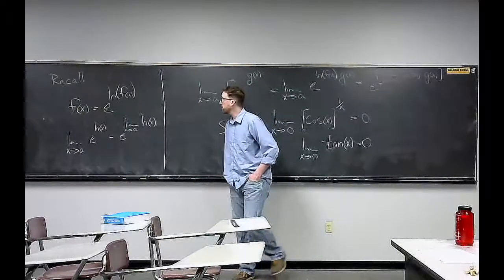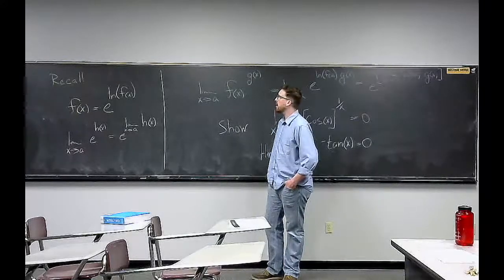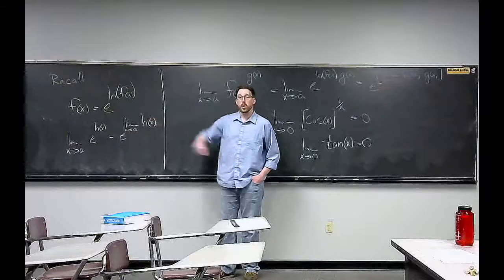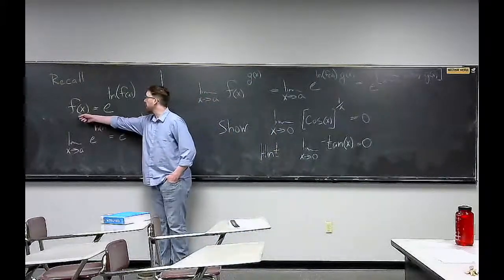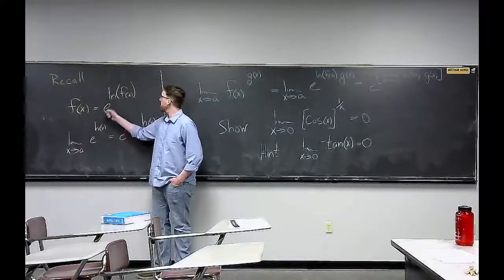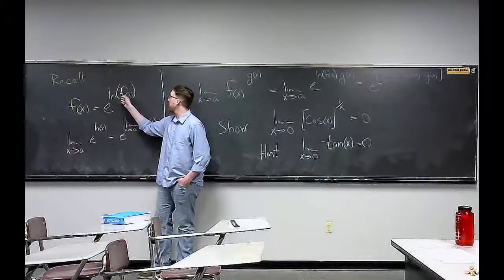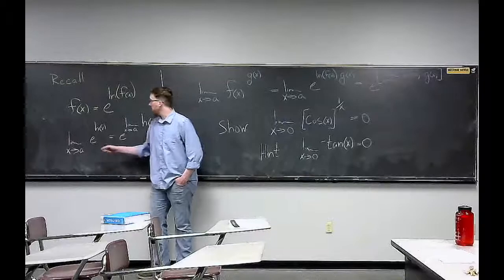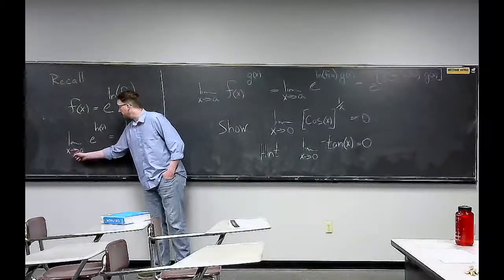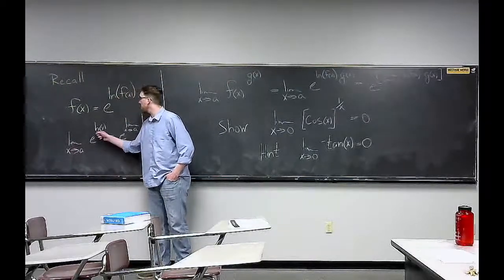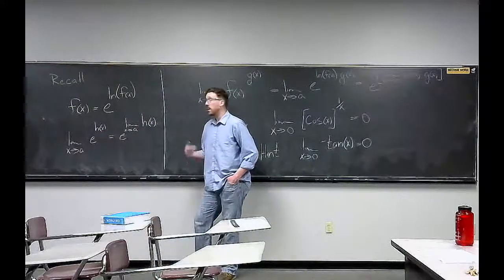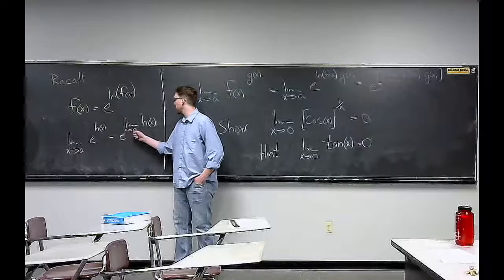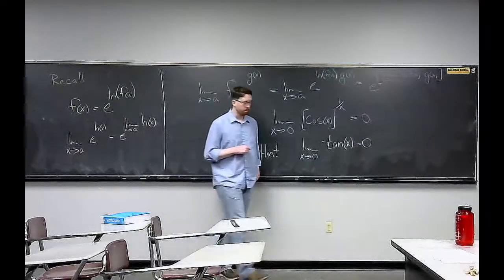Now, to solve that exponential case, we need to take a moment to recall two different facts. First, we could rewrite the function f of x as e raised to the ln of f of x. We also know that the limit as x approaches a of e raised to some function is equal to e raised to the limit as x approaches a of that function.